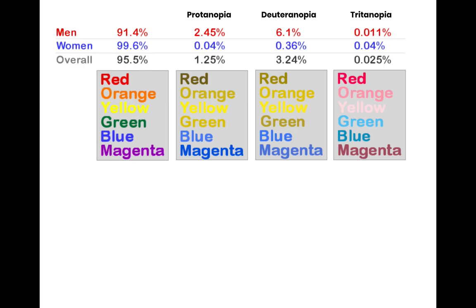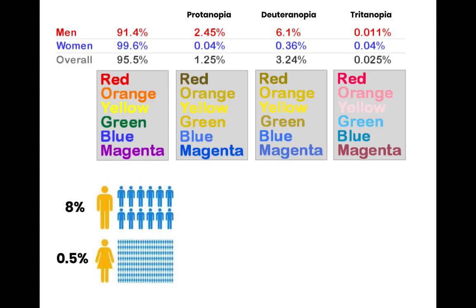Color blindness is quite common. We have about 8% of the male population suffering from any of these types of color blindness, and about 0.5% of the female population, in Europeans at least. Now, the different types of color blindness are distributed differently.